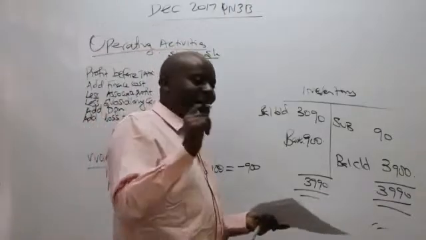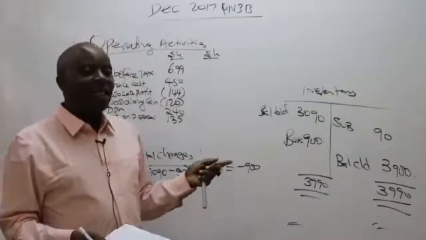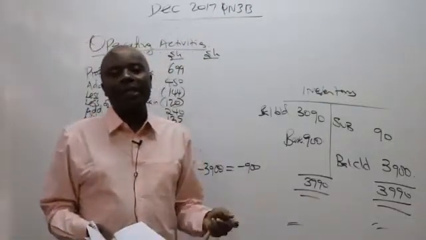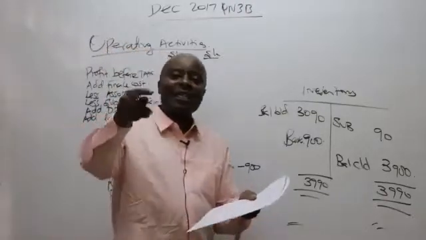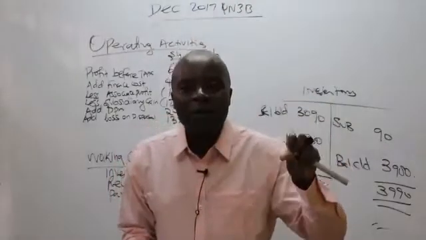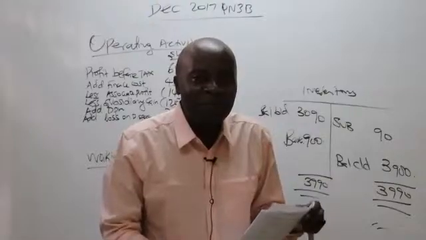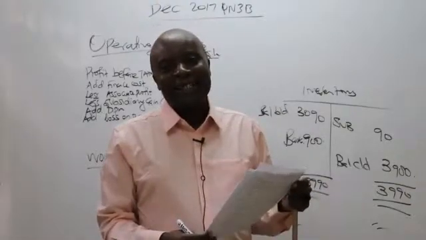Alafu msianze kukram ile kitu ati increase, ati in working capital. Because ukiangalia like the other sitting, there is a sitting here they brought a situation where one subsidiary was acquired in the year and another subsidiary was disposed in the year.